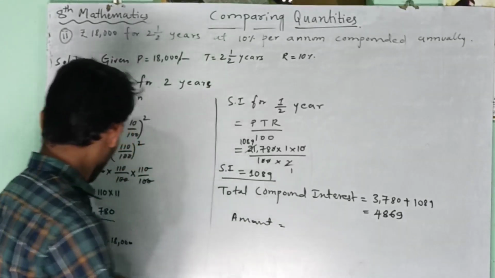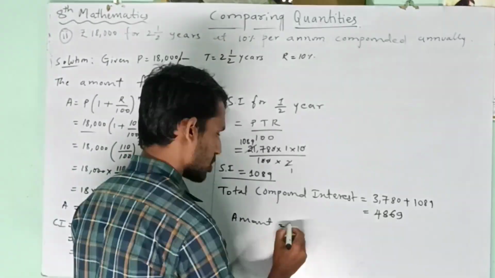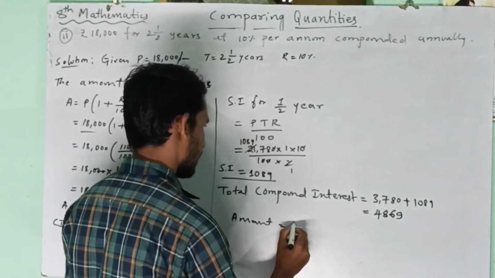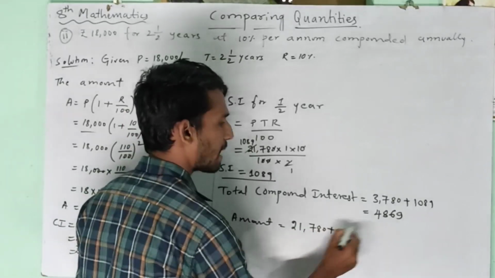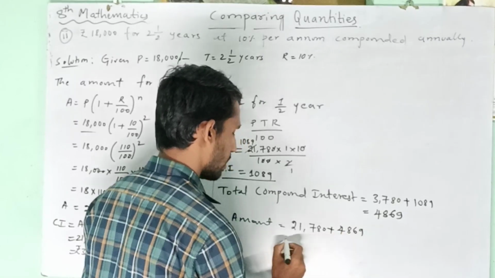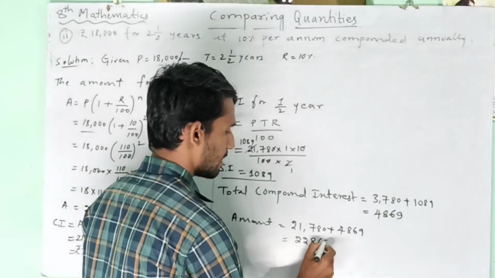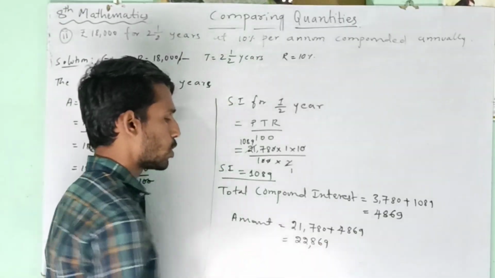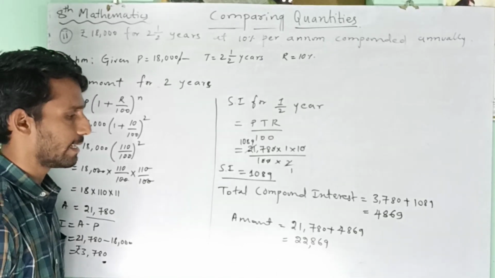Next amount. Amount you add here 21,780 plus compound interest. Okay. Now when you add 21,780 plus 4,869, you will get here 22,869. This is the total amount at the end of the year, 2.5 years.